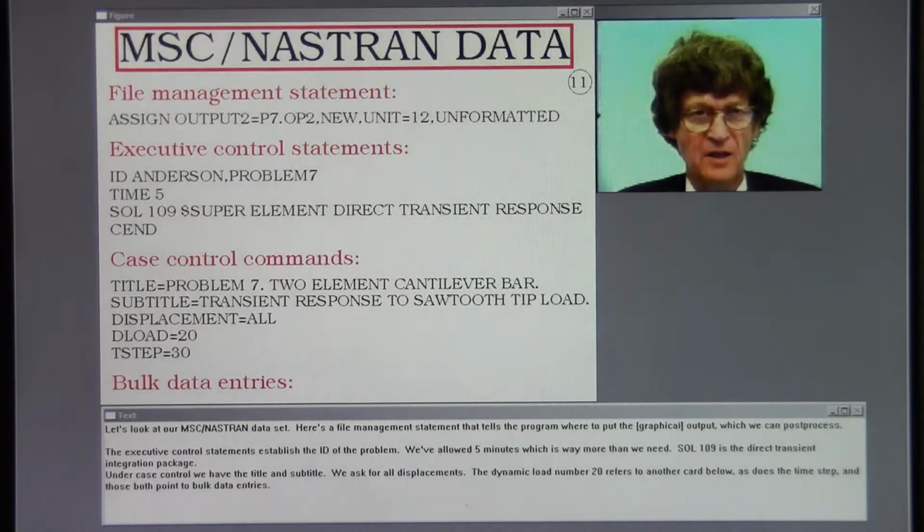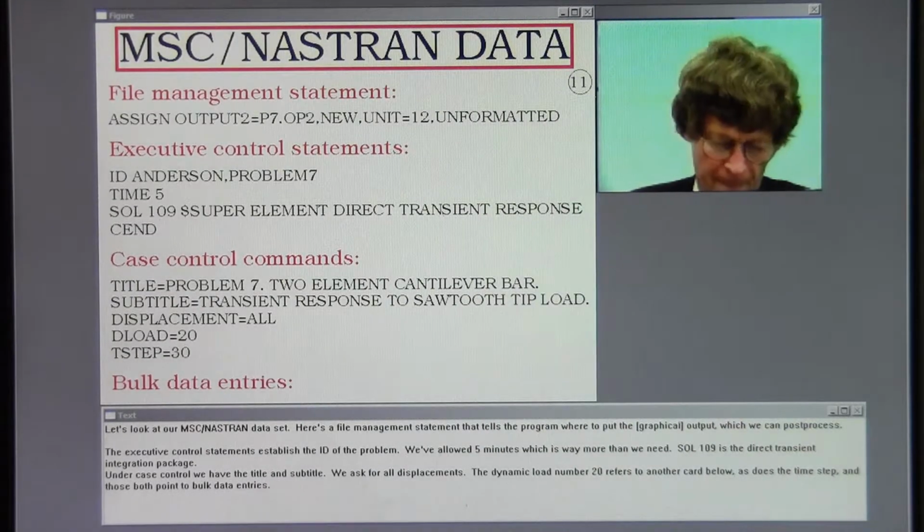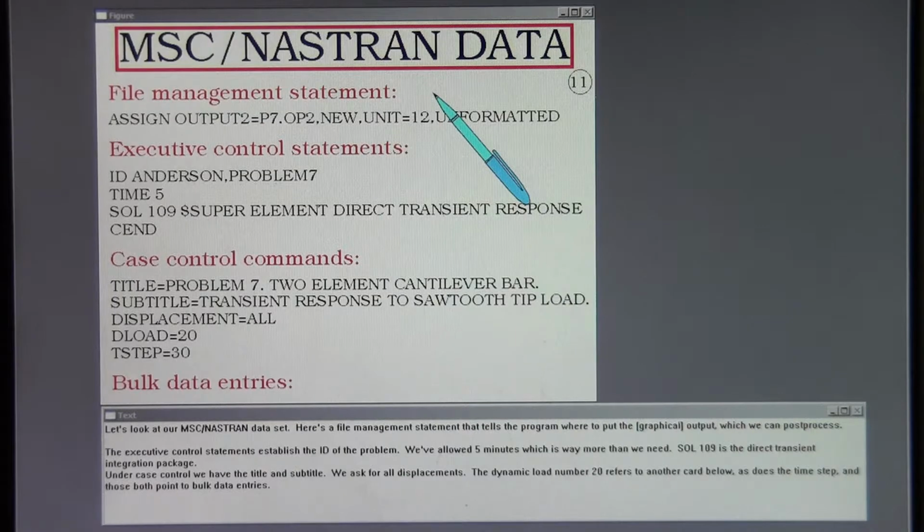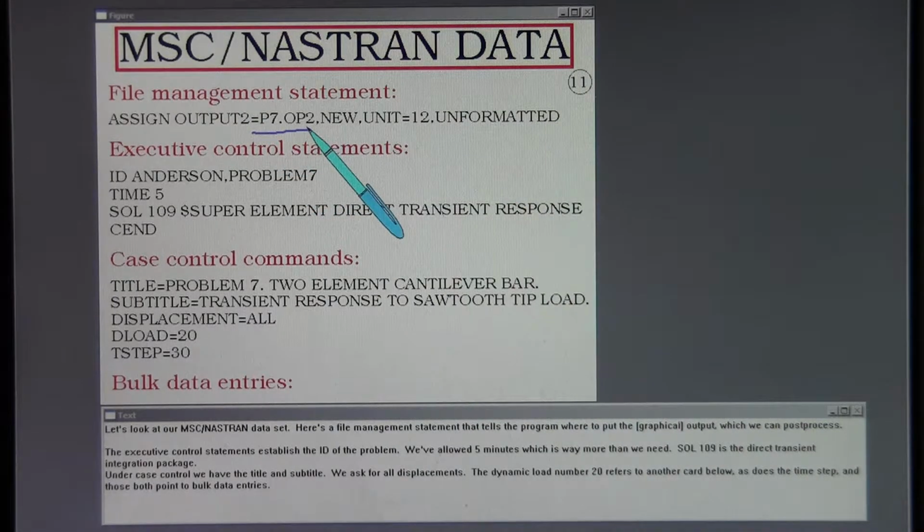Let's look at our MSC Nastran data set. Here's a file management statement that tells the program where to put the output, which we can post-process. The executive control statements establish the ID of the problem. We've allowed 5 minutes, which is way more than we need.